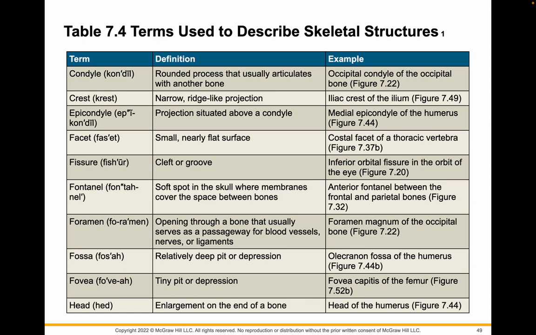The foramen magnum is a large hole in the occipital bone, and that's where your spinal cord comes out from your brain, pretty much at the bottom. And then a head is an enlargement of the end of the bone, like the head of the humerus.